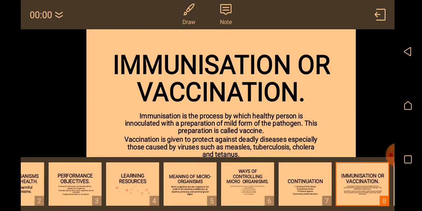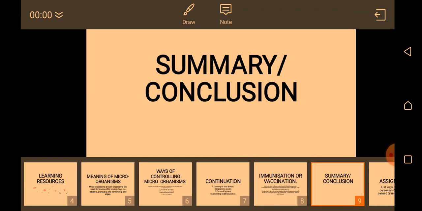Let's see the summary and conclusion. All the ways we've mentioned that they can use to control harmful microorganisms, we need to adhere to them, like boiling our food, use of drugs and antibiotics if we notice that there are any traces of sickness that deserve the use of antibiotics, and also preserving our food, either by salting.